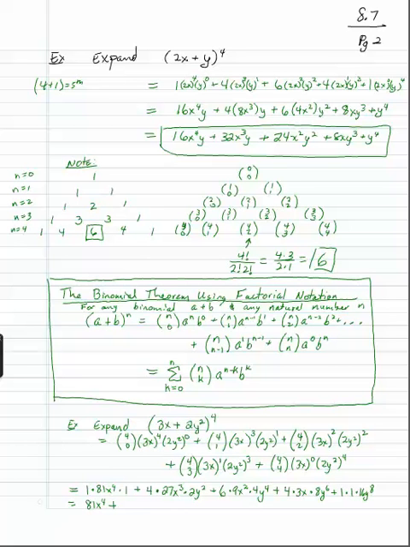Hopefully you figure it out. 4 times 27 times 2 is 216 x cubed y squared. 6 times 9 times 4 is 216 again, x squared y to the 4th. And then 4 times 3 times 8.